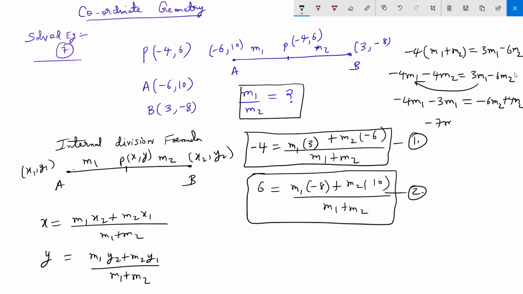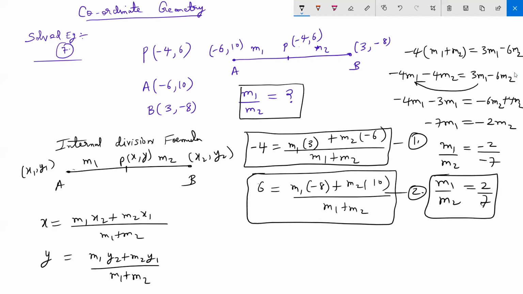So here -7m1 and -6 plus 4 is -2m2. Between -7 and m1 there is a multiplication sign, and between -2 and m2 also. So according to transposing, m1 upon m2 will be -2 by -7. That means the ratio of m1 and m2 is 2 is to 7. So m1 will be 2 and m2 is 7.